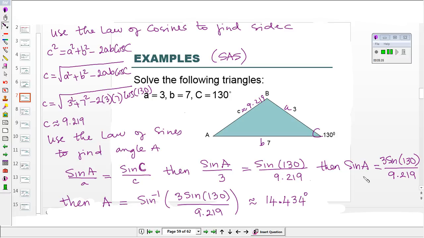So now we know two angles. We know angle C, we know angle A is 14.434 degrees.